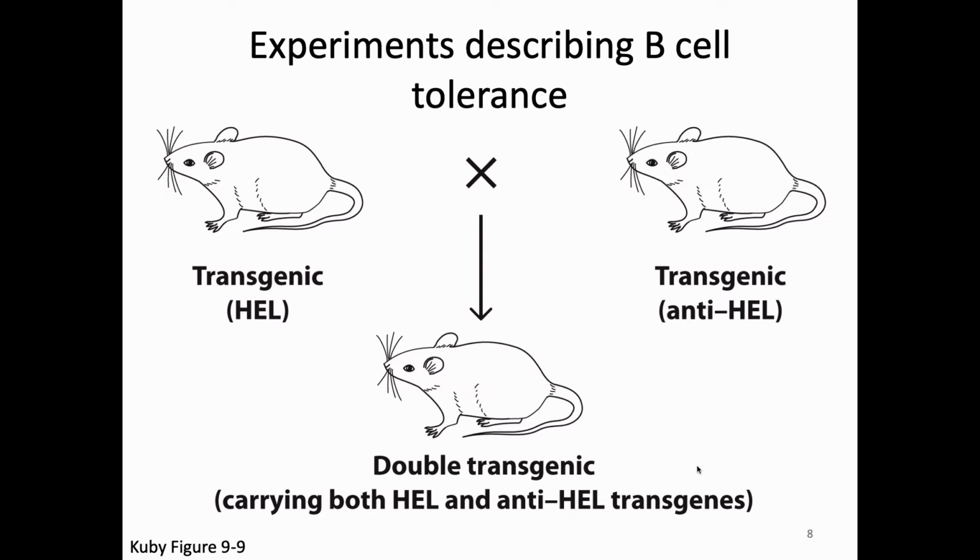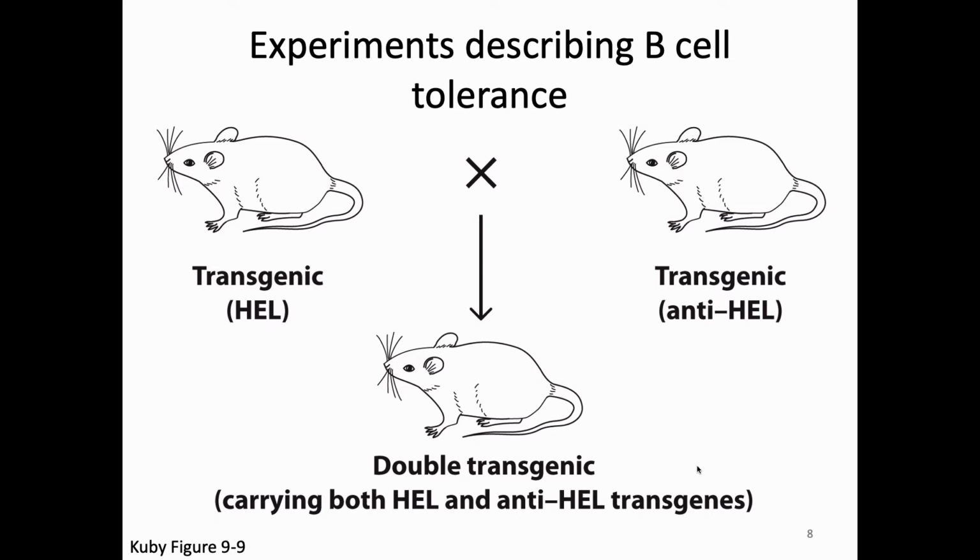One of those genes is a pre-rearranged gene encoding the anti-HEL heavy chain. So somebody made in the lab a piece of DNA that has the V, D, and J already put together to encode this heavy chain. And they also made in the lab a piece of DNA that has the V and the J of the light chain, pre-rearranged, and put that in. So these two already rearranged genes are put into the mouse's genome.